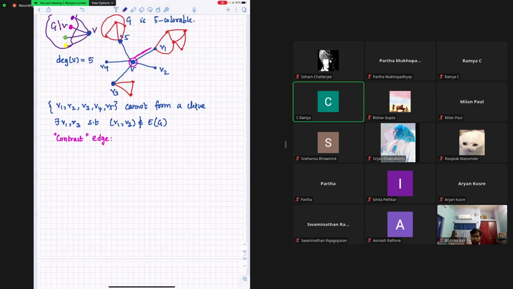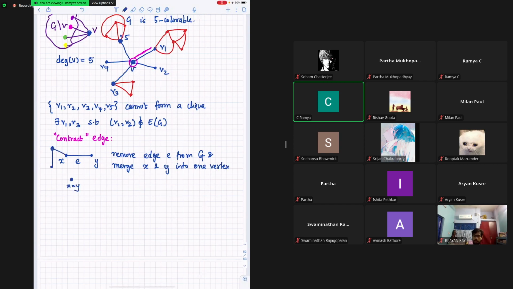You have an edge E and it has 2 endpoints x, y. You remove the edge E from the graph and merge x and y into one vertex. Right? So you'll just get one vertex, x equal to y.